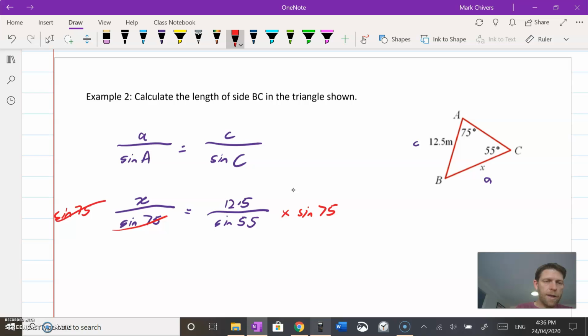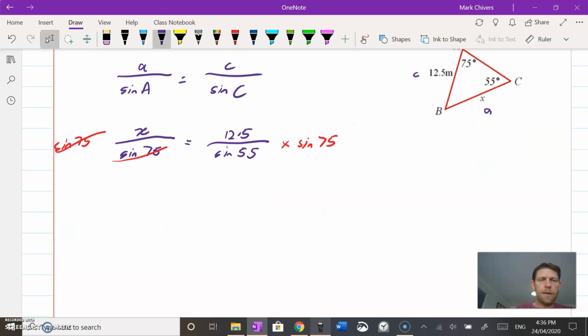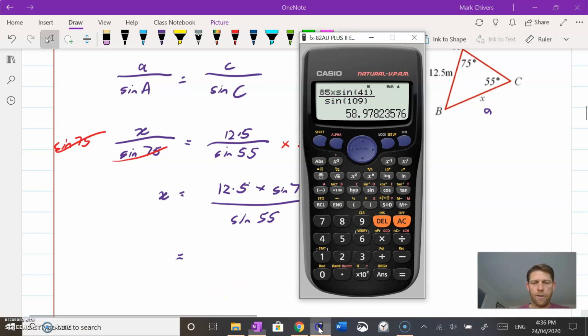That's going to cancel them out on that side. And so we're going to be left with X equals 12.5 times sine 75 over sine 55. And we'll put that into our calculator and see what comes out.